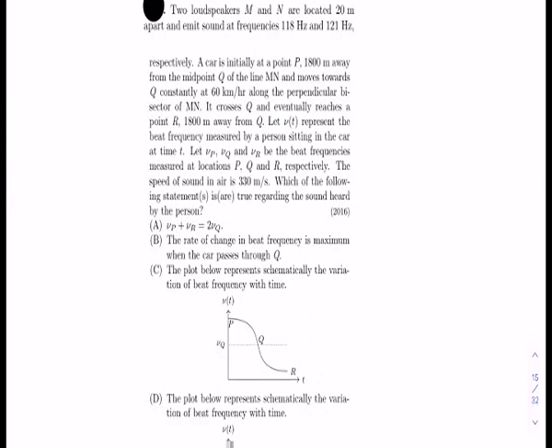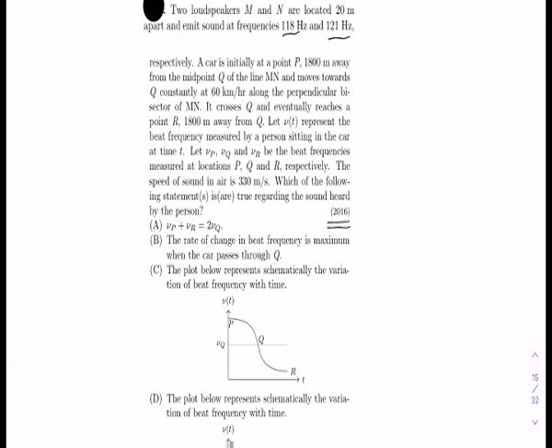Okay, let us now work out this very interesting problem from 2016 JEE Advanced. It will take a bit of time to read it, so let me explain it from the very beginning. It says two loudspeakers M and N are located 20 meter apart and emit sounds at frequency 118 Hz and 121 Hz respectively.